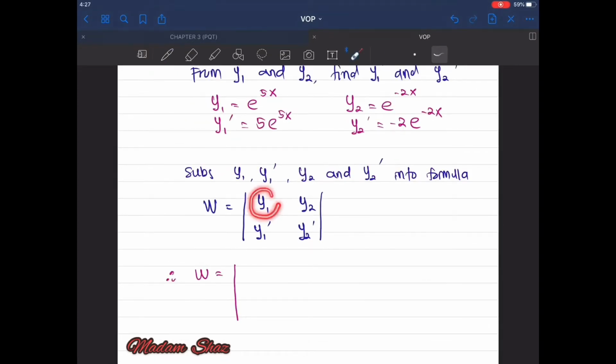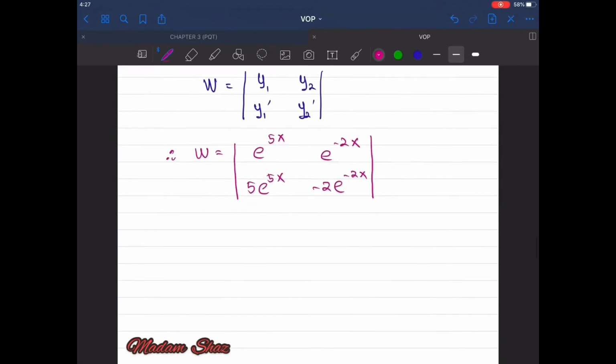Therefore y1 here will become exponent 5x, y1 prime will become 5 exponent 5x, y2 will become exponent negative 2x, and y2 prime will become negative 2 exponent negative 2x.